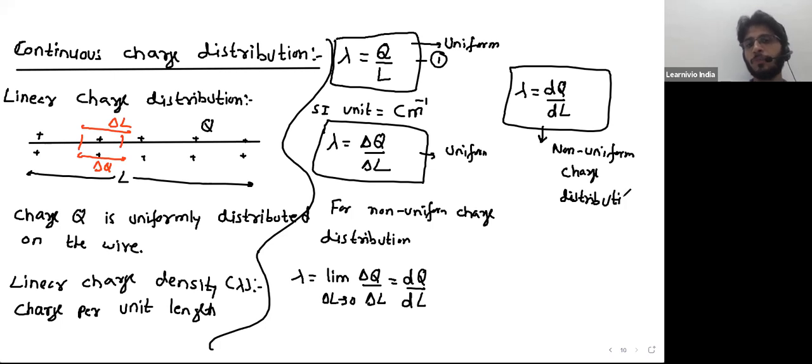So these are the three expressions for linear charge distribution. In the first, I use total charge and total length. In the second, I take a small part of the wire and the charge over it. In the third, it's an extremely small element. So we can use the last definition for non-uniform distribution also. Just note it down, then we will move on to some numericals. Tell me if you have any doubts in this discussion.